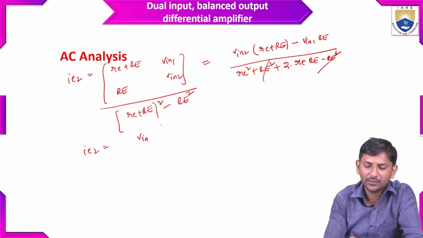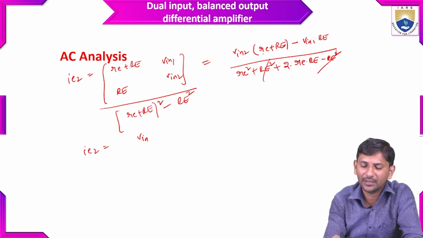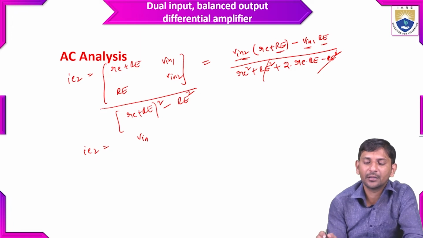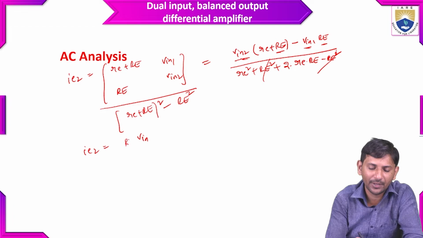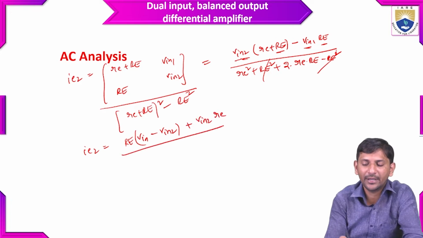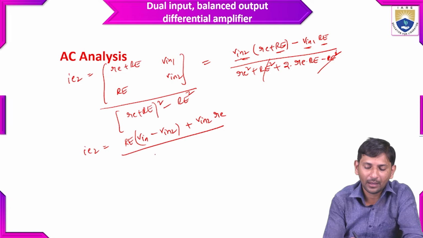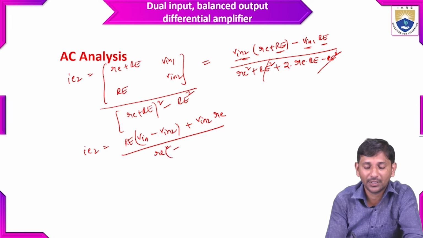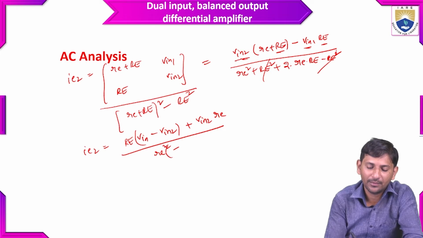If you take RE common, Vin1 minus Vin2 plus Vin2 into RE, all divided by RE square plus RE, taking common, RE square plus 2 into RE.